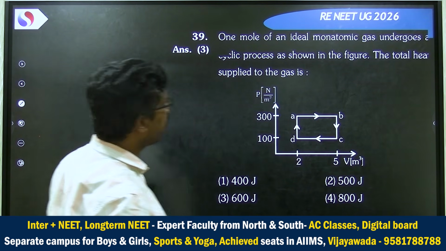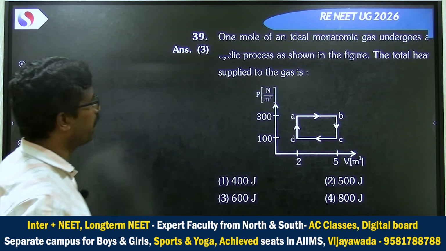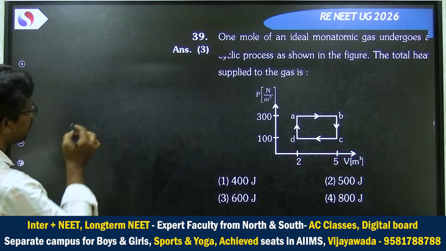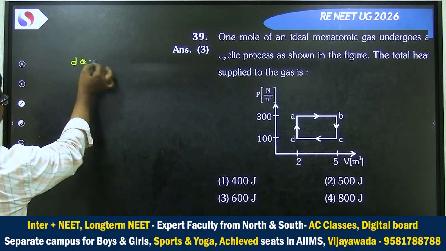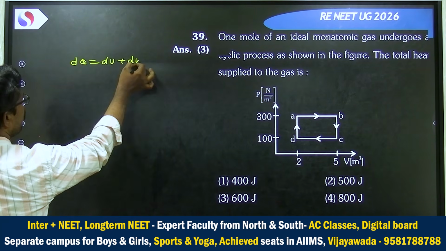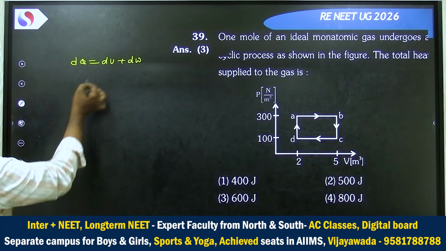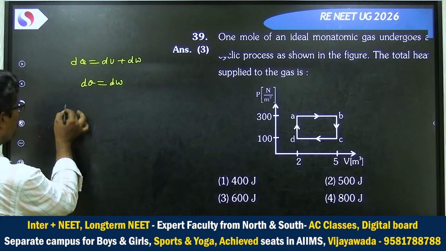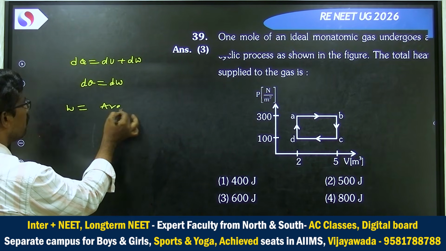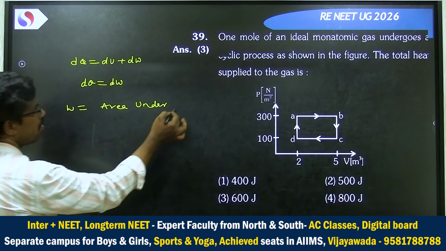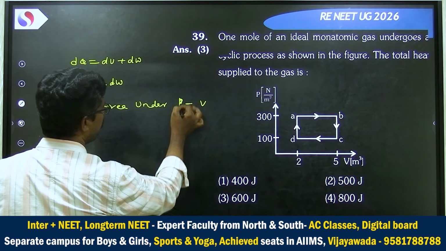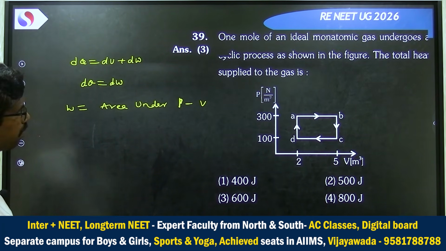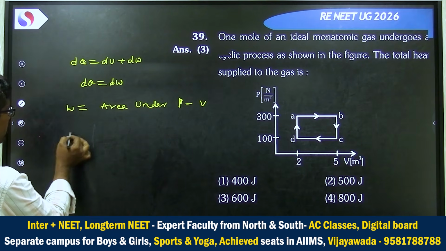One mole of an ideal monatomic gas undergoes a cyclic process as shown in the figure. We need the total heat supplied. Here the formula is the first law of thermodynamics: dQ is equal to dU plus dW. For a cyclic process, the change in internal energy is 0, so dQ is equal to dW. Work done is the area under the PV graph, so the total heat supplied is that area.